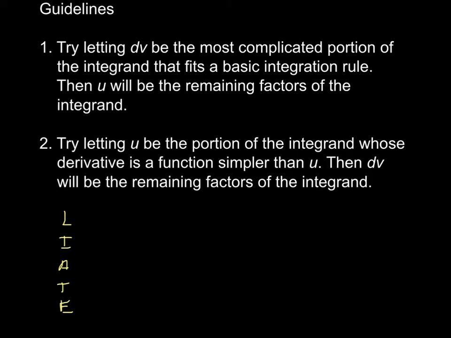Now, you'll see it in the book, and I've seen it in a couple other places, the key really is what am I going to pick for u? That's the way I've always worked with it. And one of the things they have in this book is an acronym to help us out, and that acronym is what you see right here, LIATE.